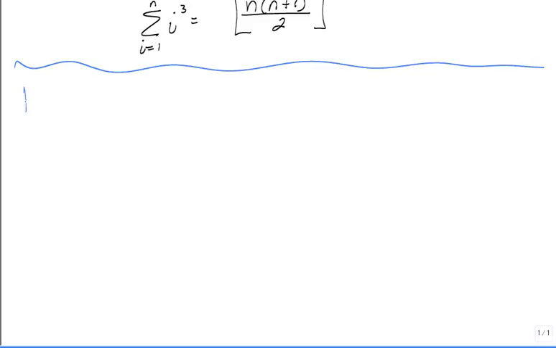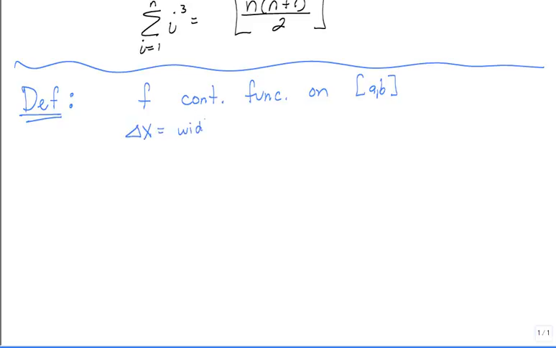Let's jump to a definition right now of what we're going to talk about today. And here are some conditions. F has to be a continuous function on an interval [a, b]. Delta x is the width of the subinterval. We're dividing [a, b] into n equal subintervals, so delta x is going to be b minus a over n.